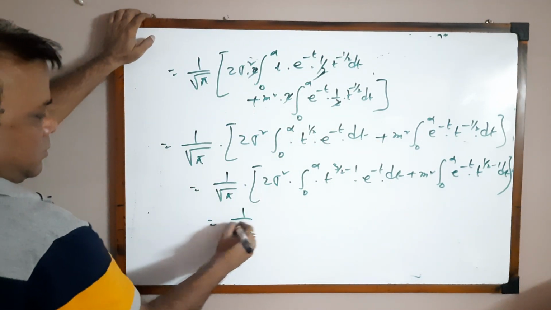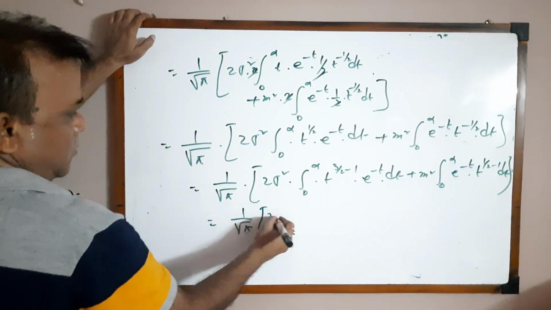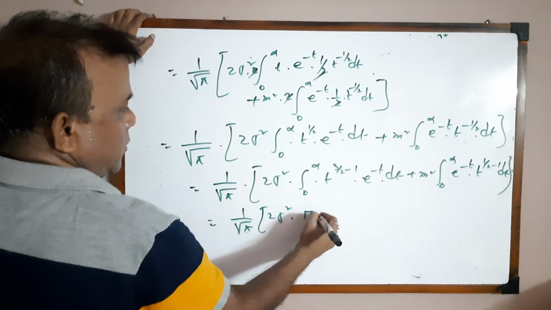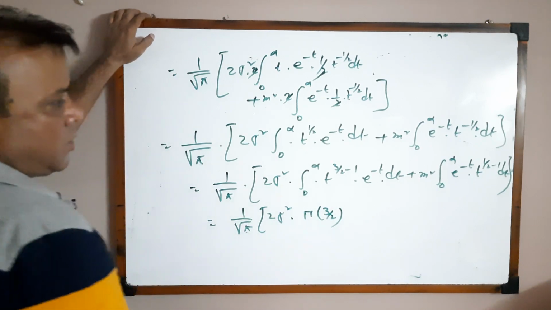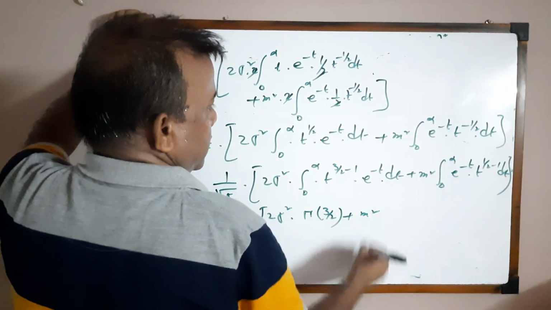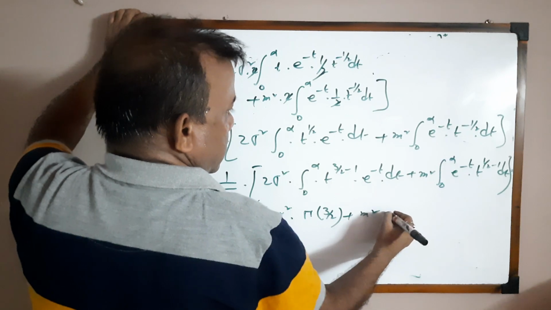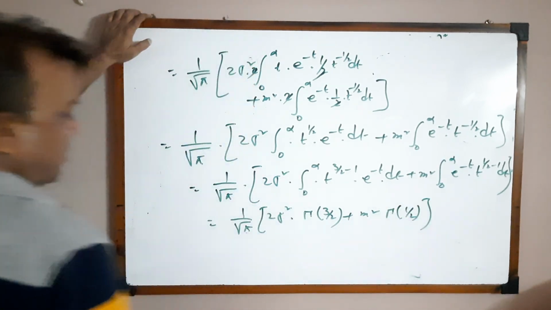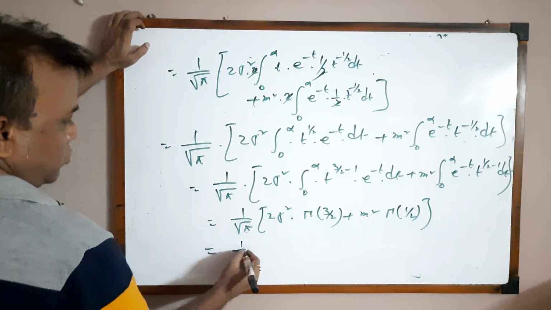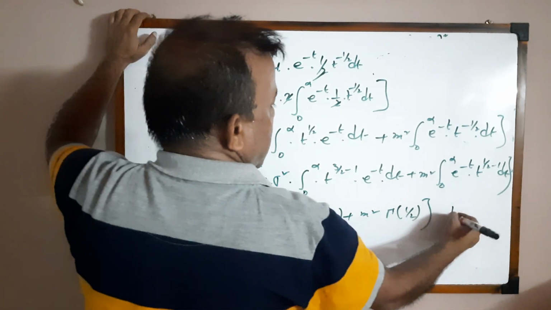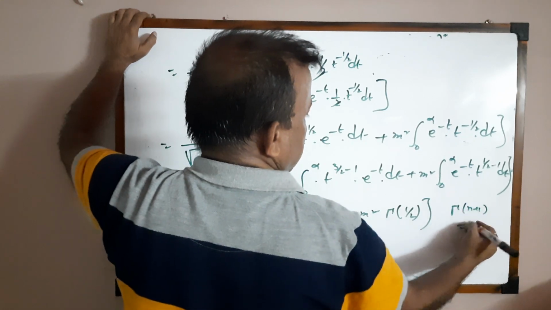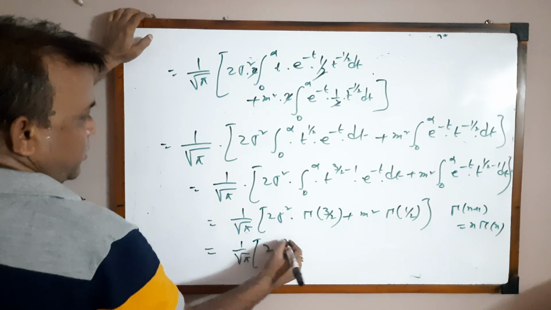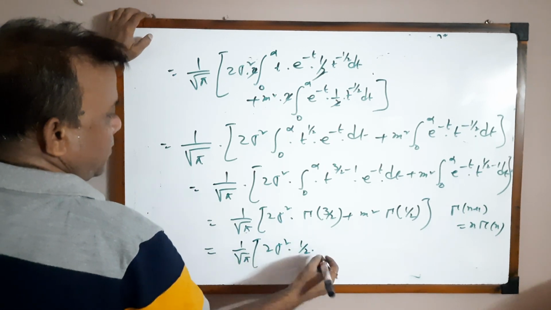From the gamma function we know that it will be converted into gamma 3 by 2, and that of the second integration will be gamma half. As we know that gamma n plus 1 is equal to n gamma n, therefore 2 sigma square into half gamma half.